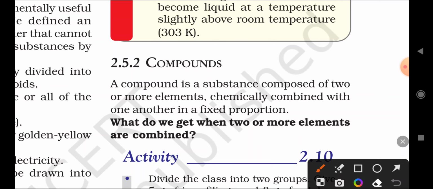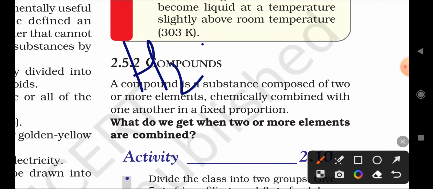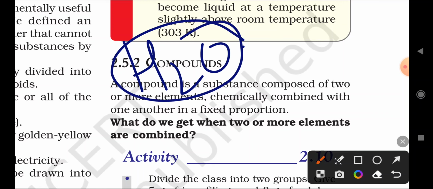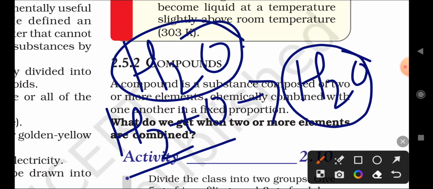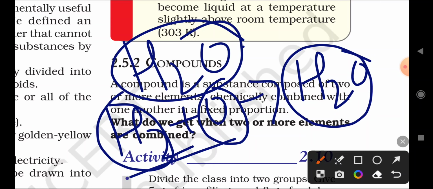For example, we can take H2O, right? H2O is composed of two atoms of hydrogen plus one atom of oxygen. Wherever you go, the formula of water is H2O only, meaning two of hydrogen and one of oxygen are fixed, so they combine chemically to give the water compound H2O.